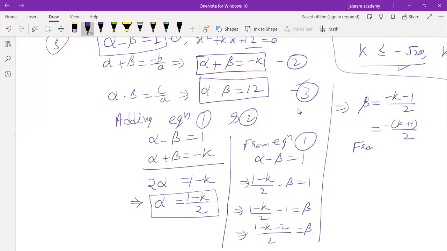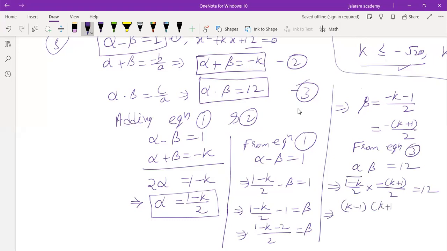Now, from equation 3, alpha beta equals 12. Use value of alpha, (1 minus k) upon 2. Value of beta, minus (k plus 1) upon 2, equals 12. So, if we multiply this minus to this, it becomes (k minus 1) into (k plus 1) upon 4 equals 12.